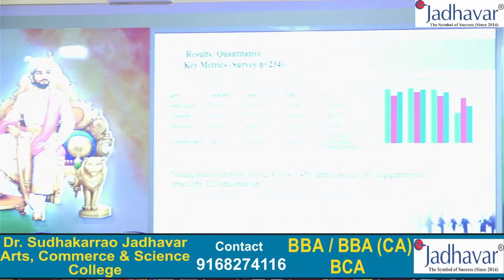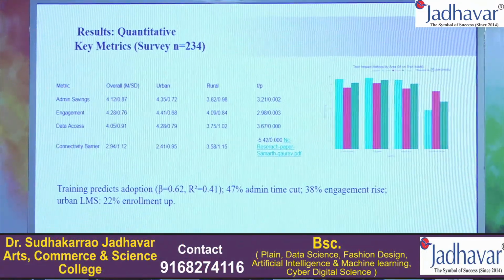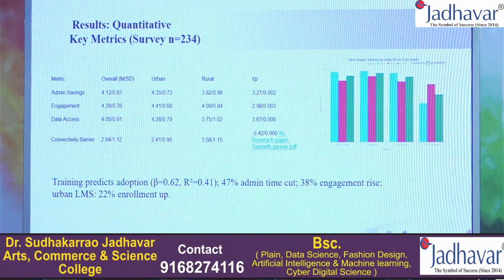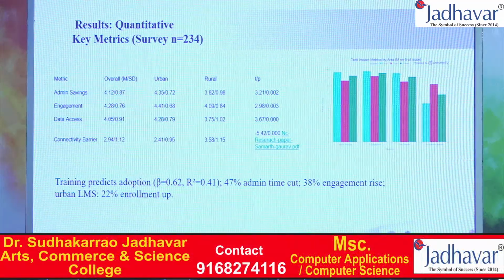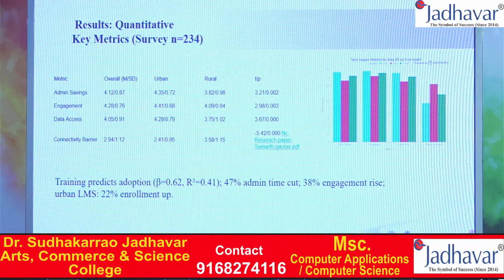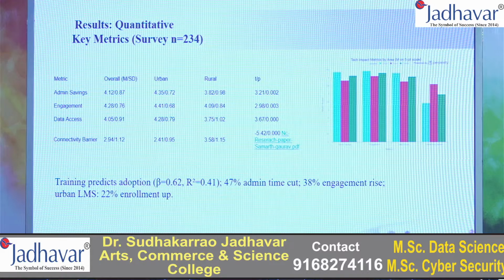So there are a total of 4 results: admin savings, engagement, data access, and connectivity barrier. And we can see the chart of these 4 results. Training predicts adoption, with a beta value of 0.62, which shows a strong positive effect. The R square, the coefficient of determination, is 0.41.